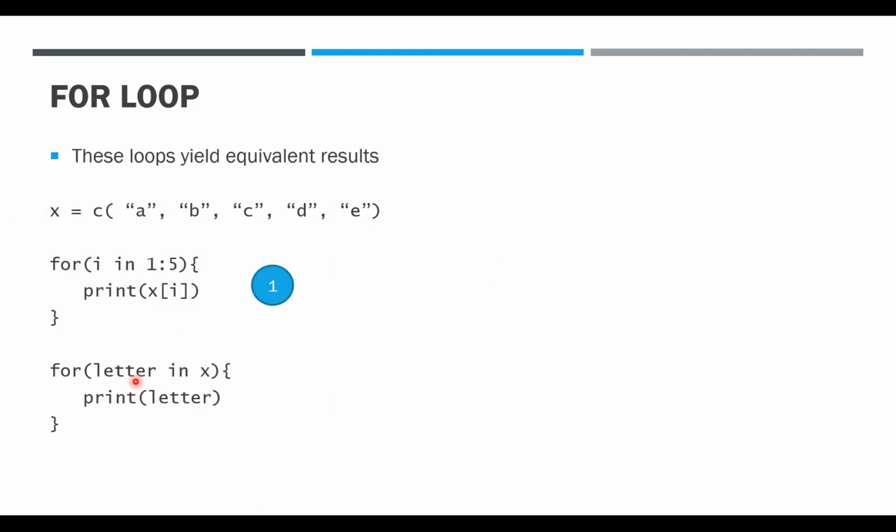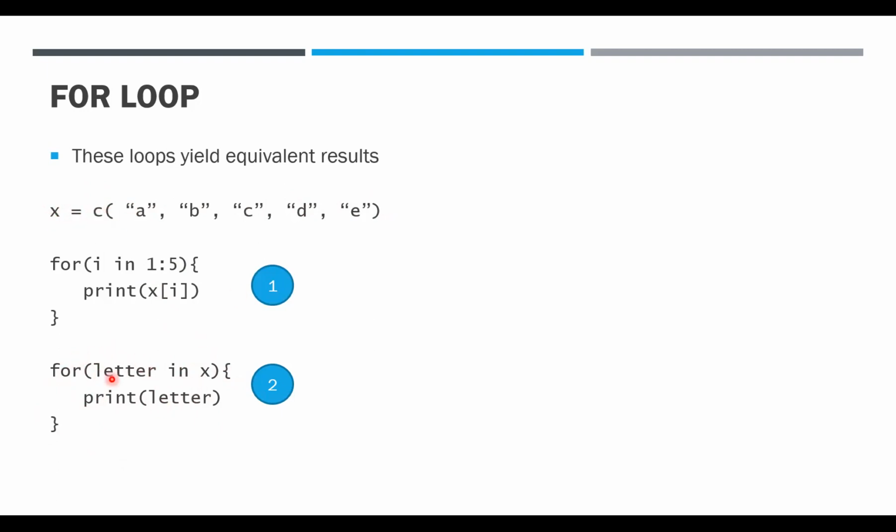The second way to have the same output is using this second for loop: for letter in x, print letter. It looks different, but again, this will result in the same output. It's going to iterate through this vector x.